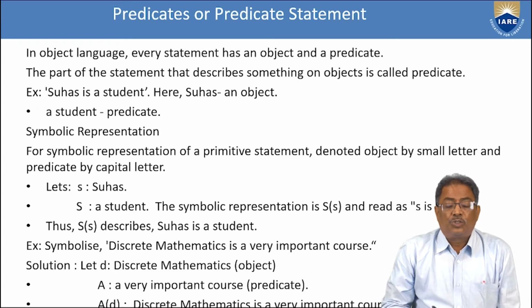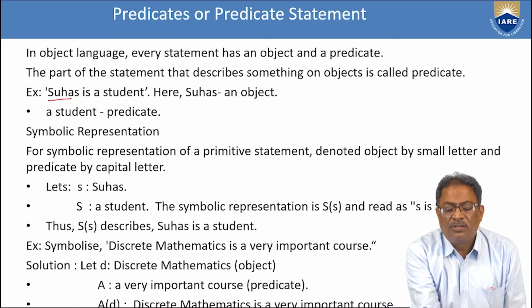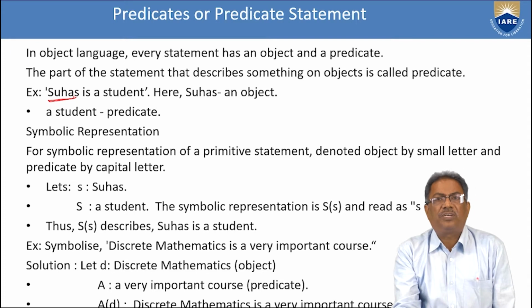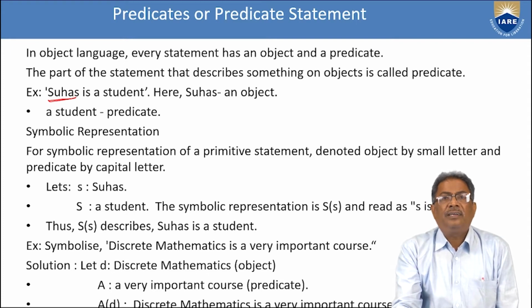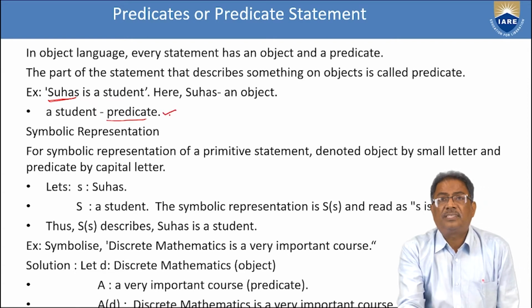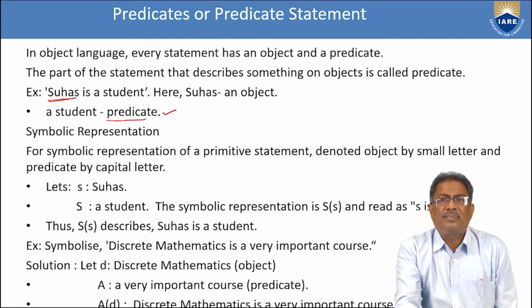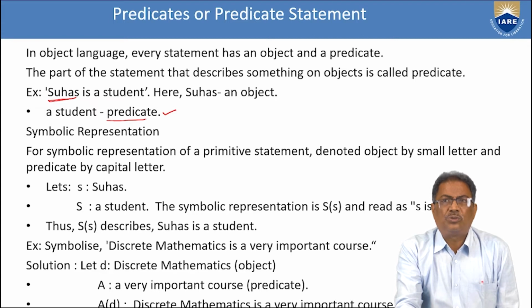See here, Suhas is a student. So here, Suhas is the object and "is a student" is the predicate. That means Suhas is a student, describing the object, which is a predicate.